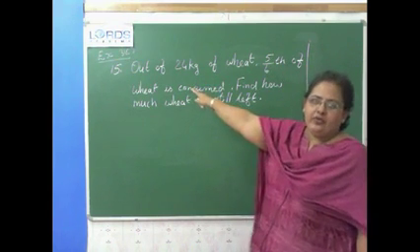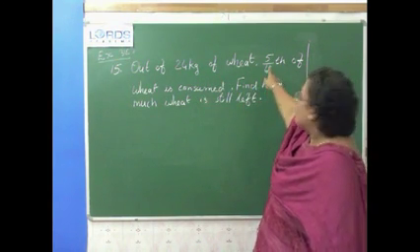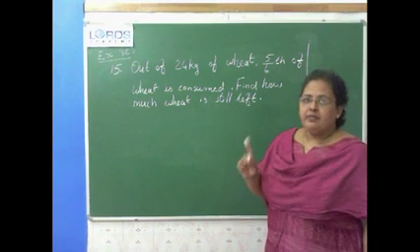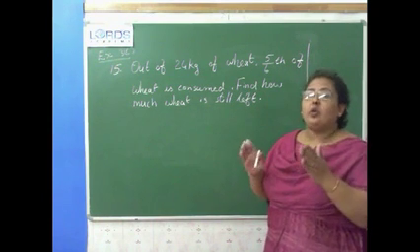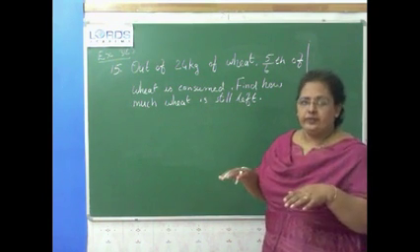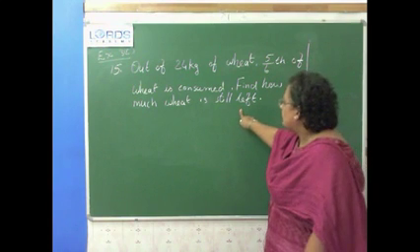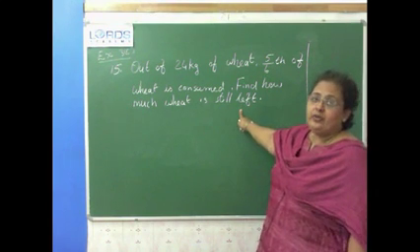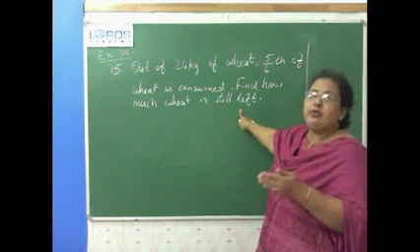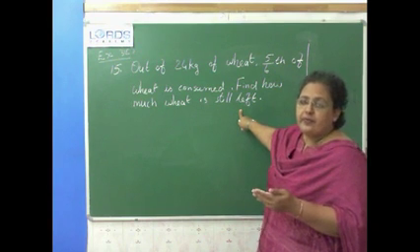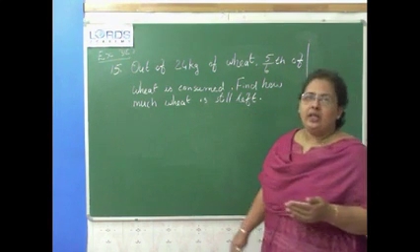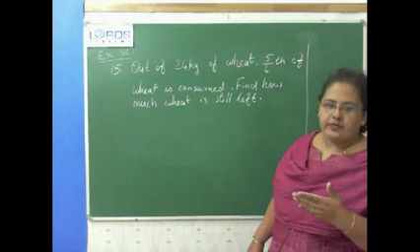Total weight is 24 kilograms and out of it 5/6 is consumed. That means you have to find the total weight consumed, and then you have to find how much wheat is still left. So, you have to subtract it from the total weight, that is 24 kilograms. Clear?